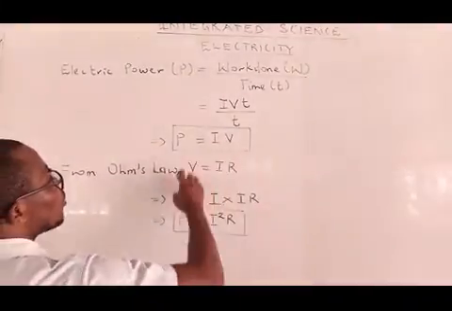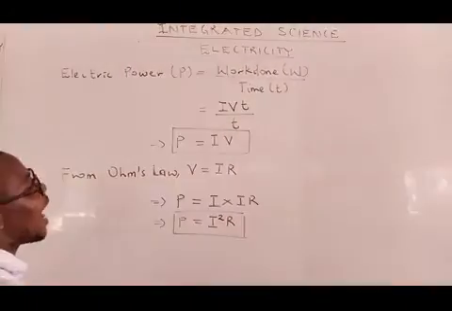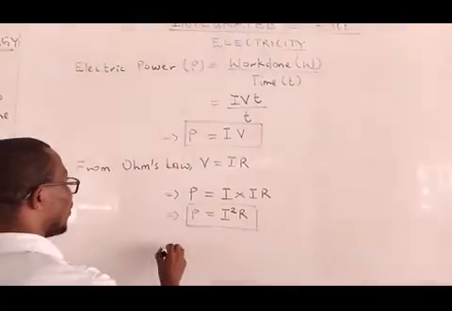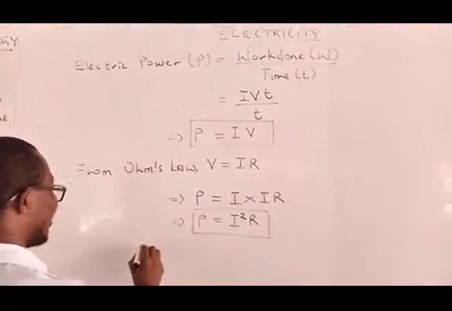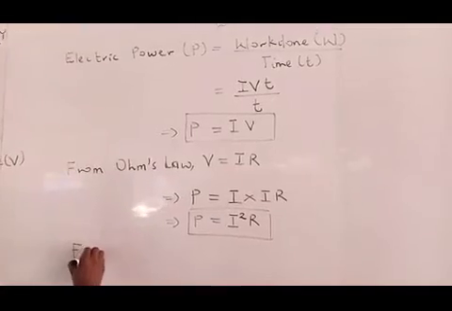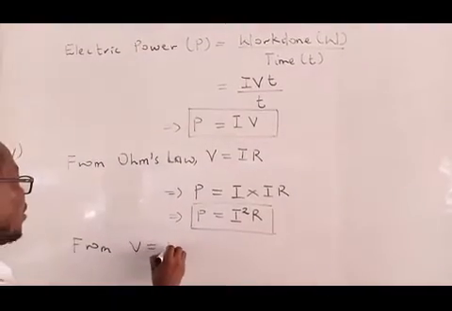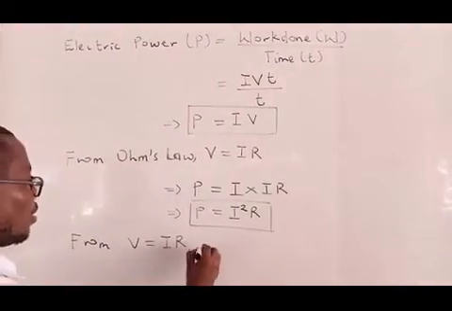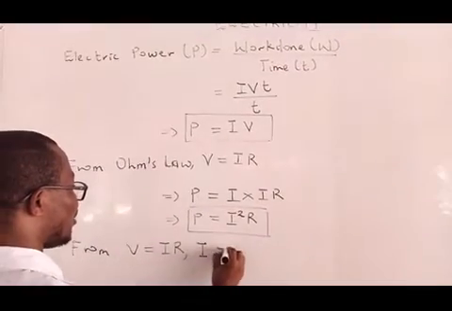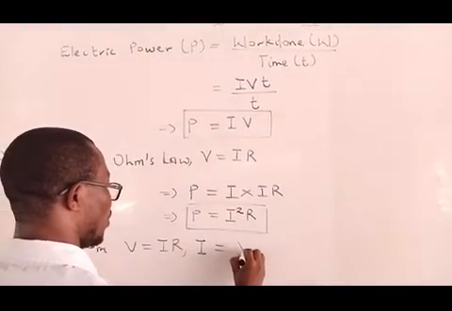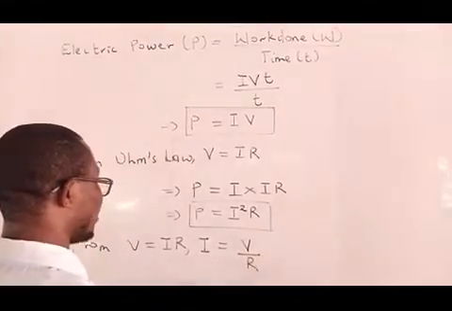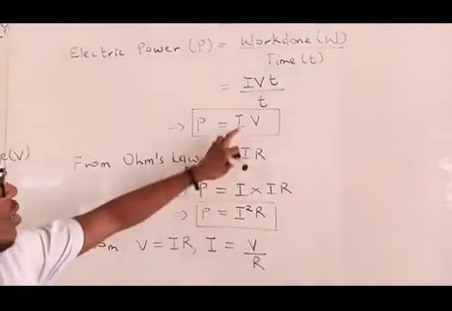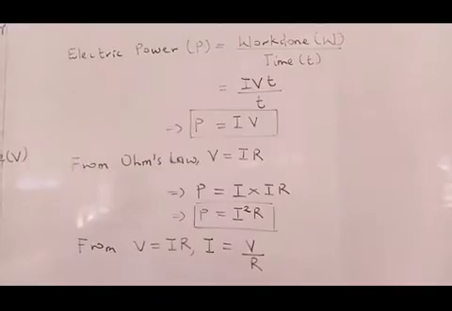Also from Ohm's law, you can rather make I the subject. If you make I the subject from V equals IR, your I is equal to V over R. Then you can substitute this into P equals IV.